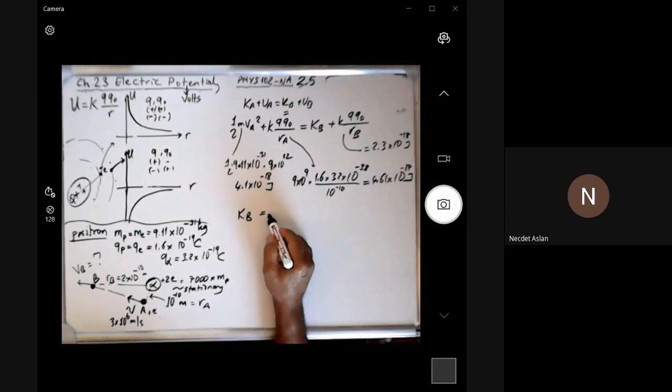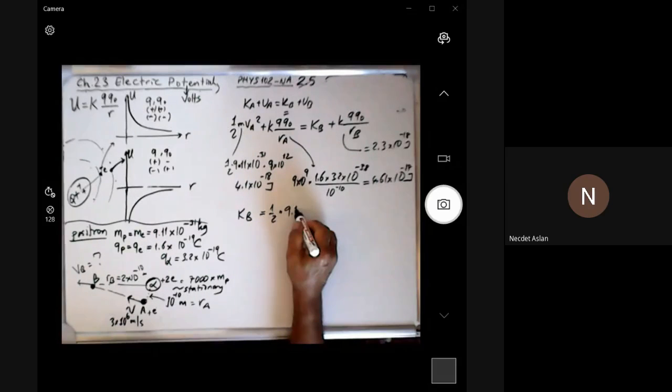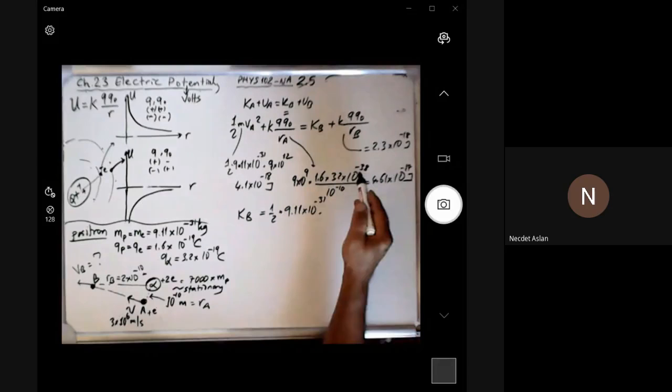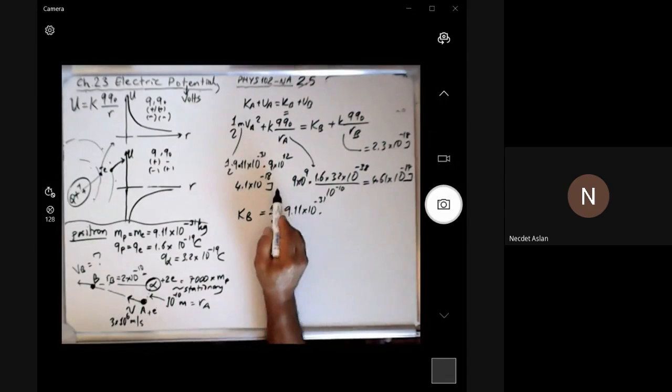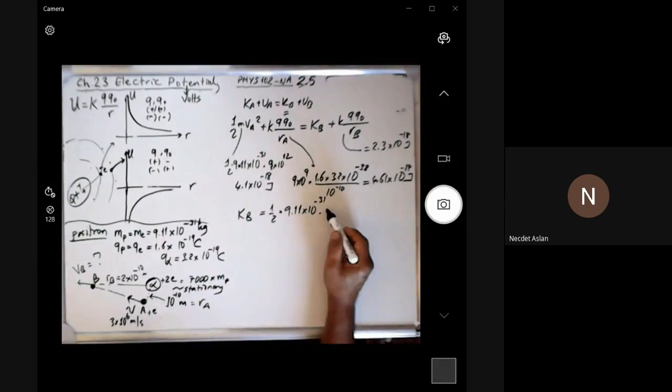So from this, the kinetic energy at point B is 1 over 2 times the mass, which is given as 9.11 times 10 to the minus 31, times VB squared.